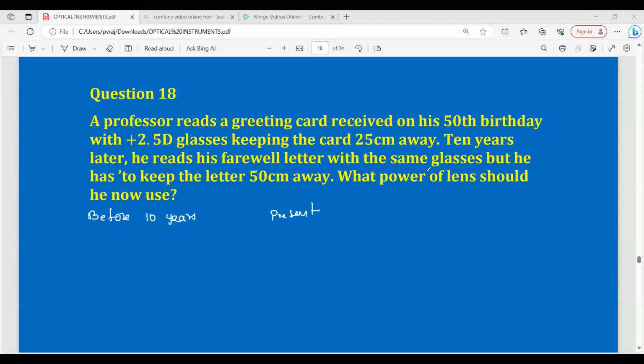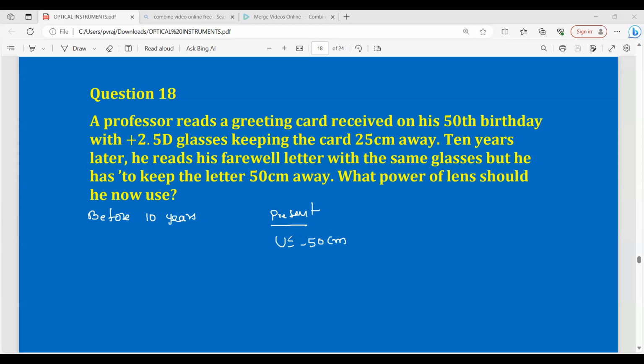That means he used the same glasses for 10 years. But he has to keep the letters 50 centimeters away. The object distance should be 50 centimeters. At present, what object distance must he keep to see? 50 centimeters. What power of lens should he now use?